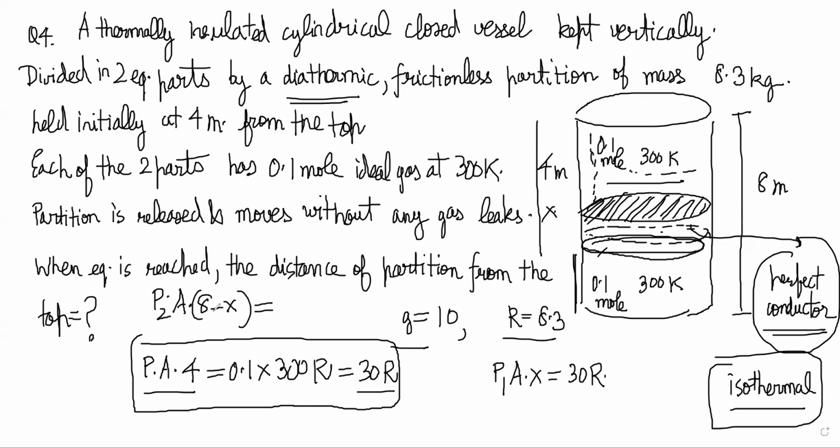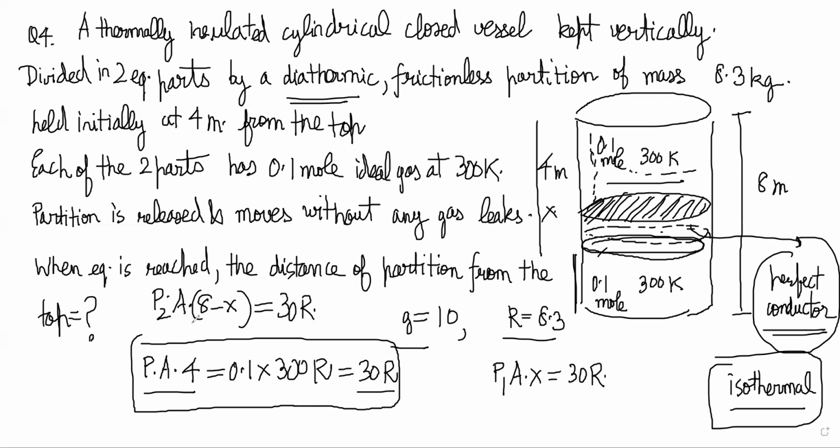Do you understand what I'm saying? So basically, we have a situation where P1 into area into X is equal to P2 into area into 8 minus X is equal to 30R.